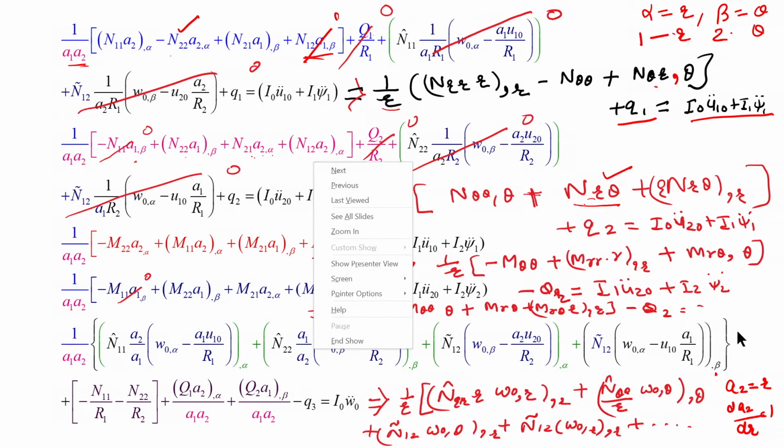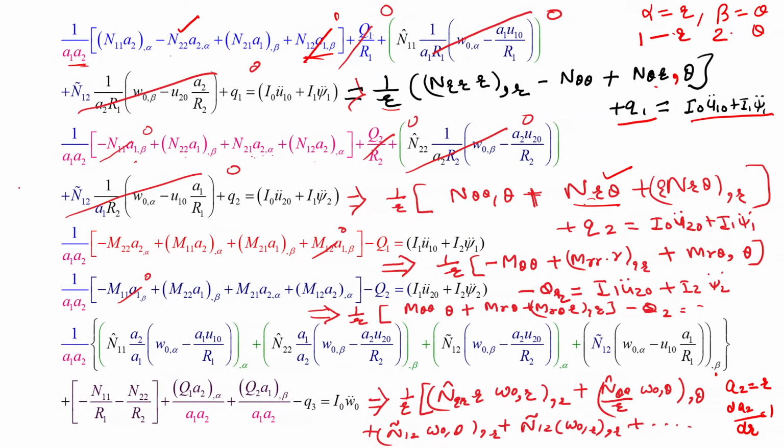Here n theta r and n r theta are same. I would like to point out however that n r theta equals n theta r. The reason behind that is the only difference is because of the 1 by R1 or 1 by R2 terms.